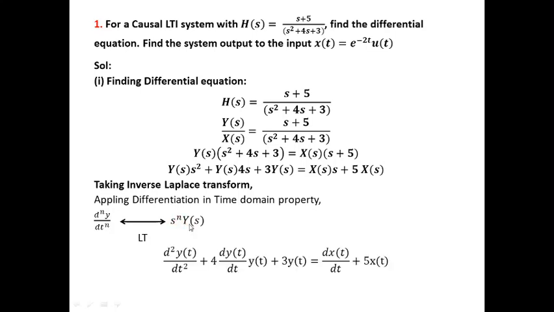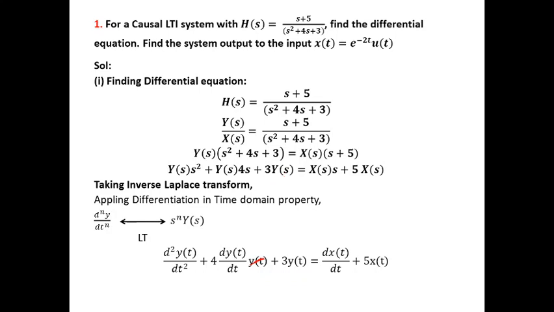So we can see that s squared, we can take this as d squared y of t divided by dt squared, plus 4 is a constant, s into Y of s. So the power is 1, so n power is 1. So dy of t divided by dt, plus 3Y of s.